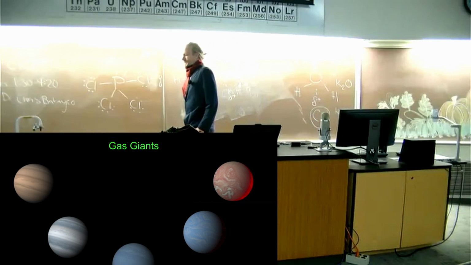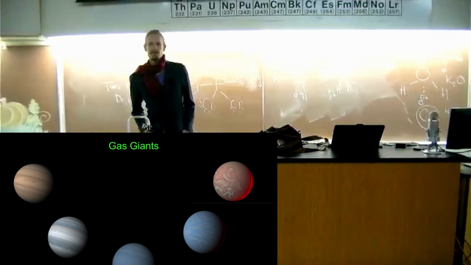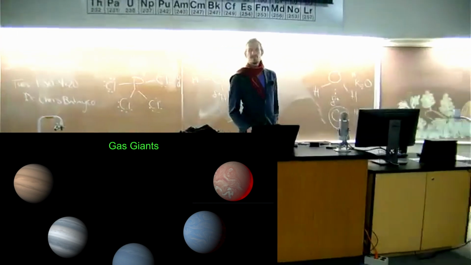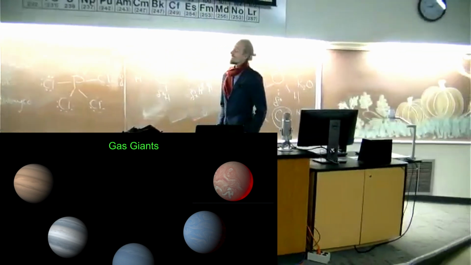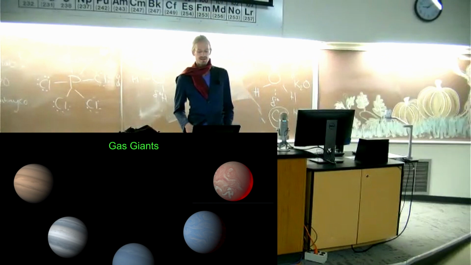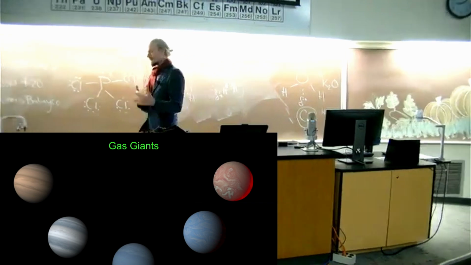Now, there's this interesting phenomenon called hot Jupiters, which has been discovered recently. I've mentioned them maybe once or twice before when we were talking about the formation of solar systems. Hot Jupiters are quite fascinating because, I guess I should back it up.